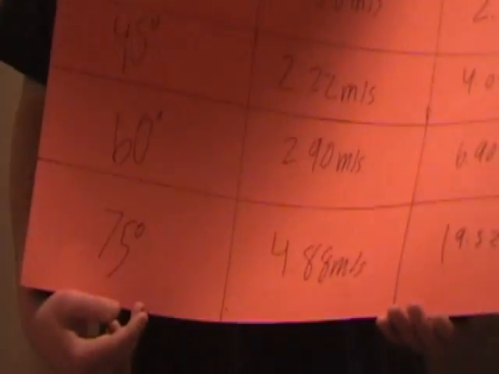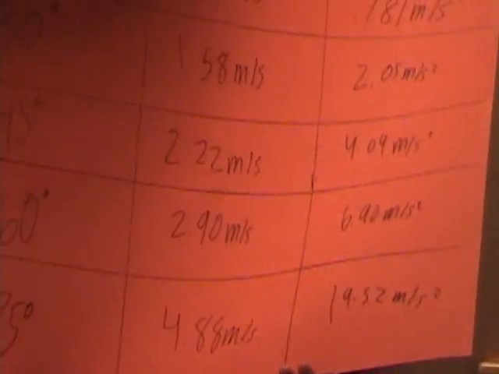As you can see, we have our accelerations here and our ramp angles on this side. As the ramp angle went up, the acceleration went up, resulting in a direct relationship. However, if the ramp angle would be over 90 degrees, the acceleration would stay at a constant 9.81 meters per second squared.